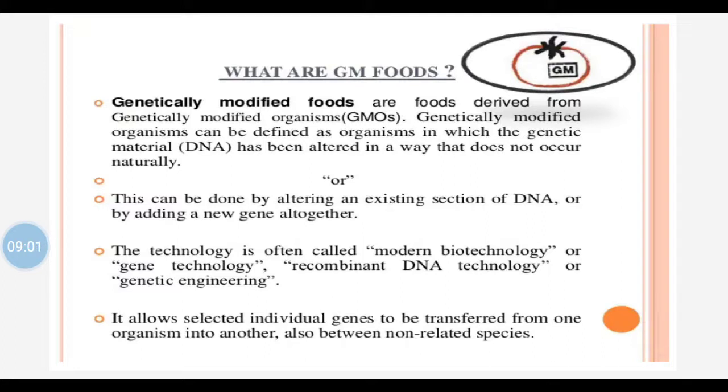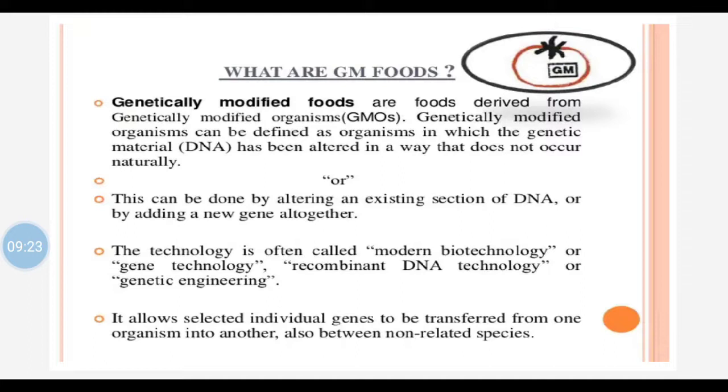Now there are many technologies which are named. Some of the names I will give you as they appear on the slide. Like modern biotechnology, we can also call it gene technology, or recombinant DNA technology, or genetic engineering.